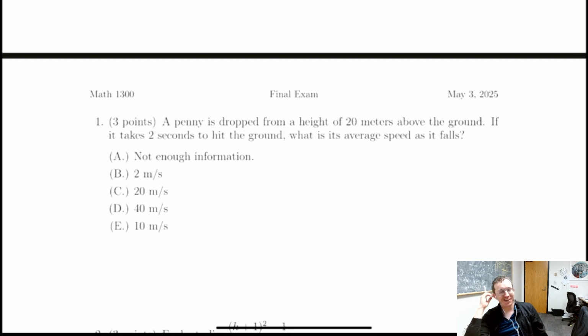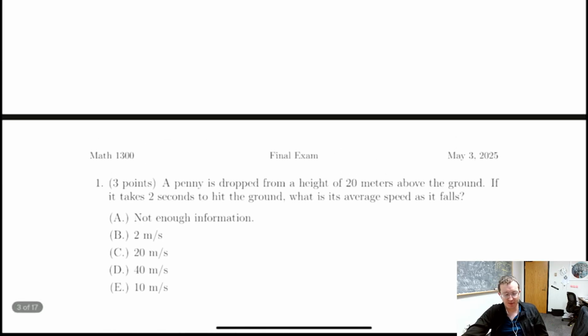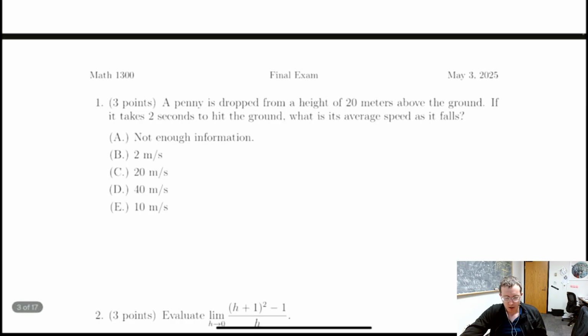Just hanging out. Okay. I might be willing to answer a few Calc 3 questions once we get through the Calc 1 stuff, if I remember how to do them. I haven't thought about Calc 3 in a while. Fun fact, I never took Calc 3. I learned most of Calc 3 from physics classes, but I never took it. Okay.